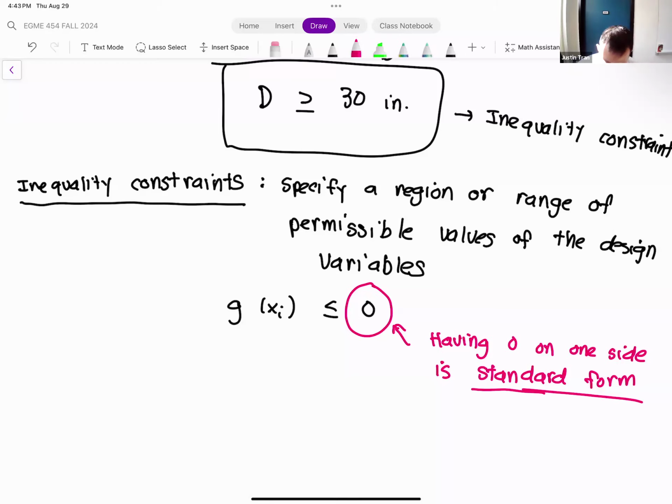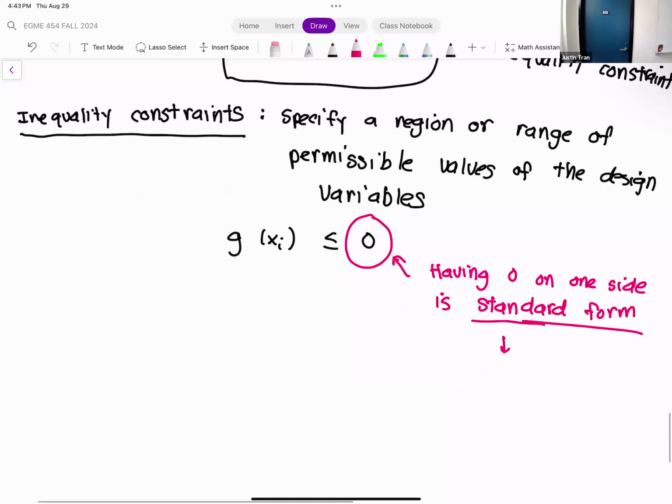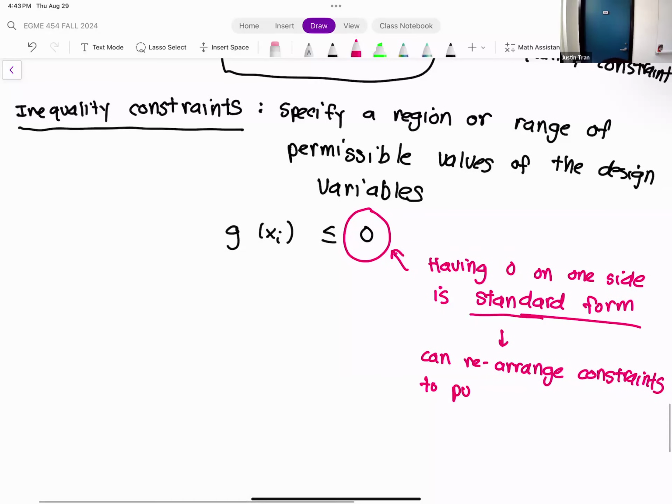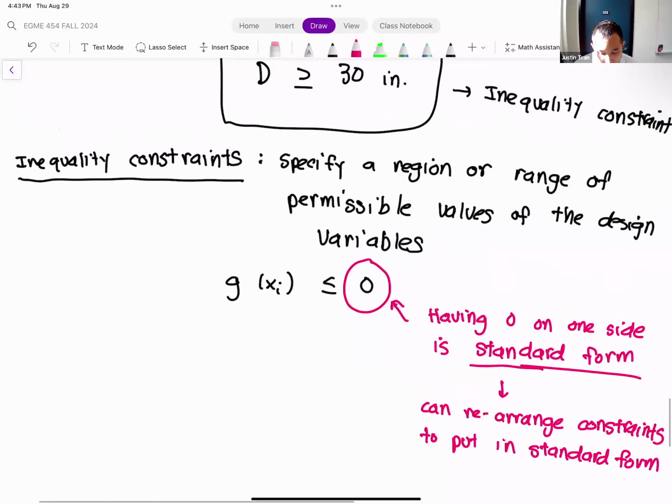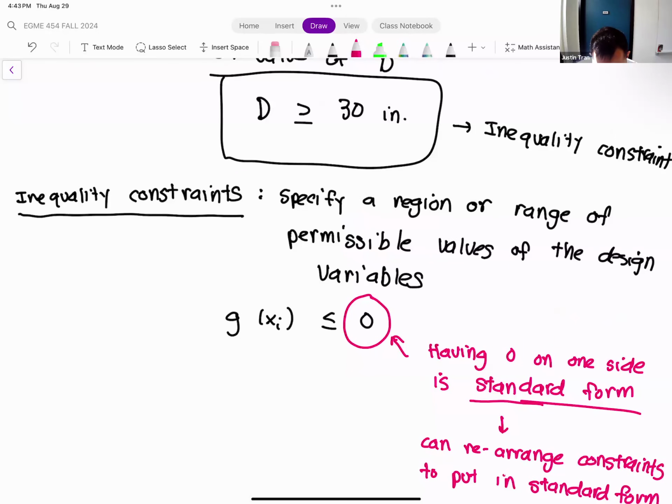And most, I would say all, constraints you can actually work on algebraically to put in standard form. Okay. So if we take that example up there earlier, right? I'm sorry, the less than or equal to sign is also part of standard form.